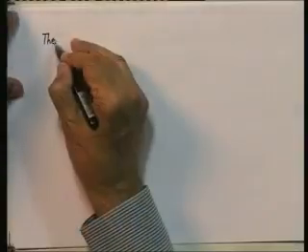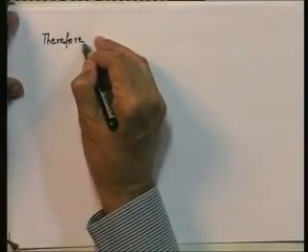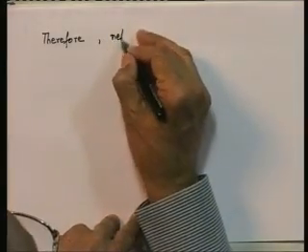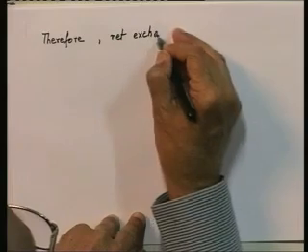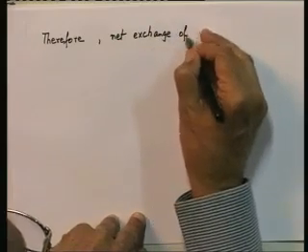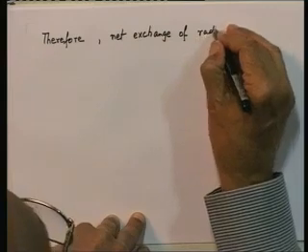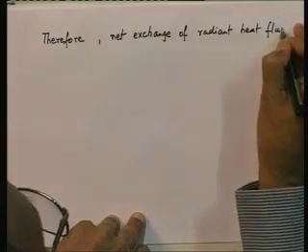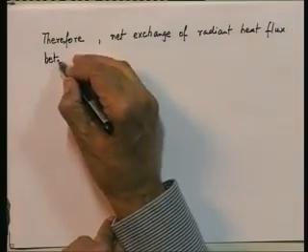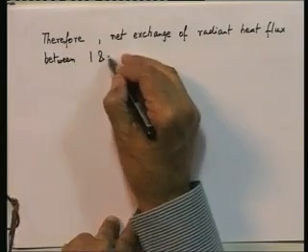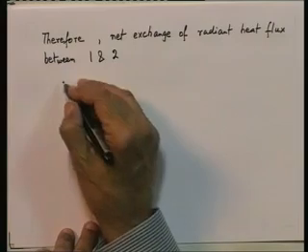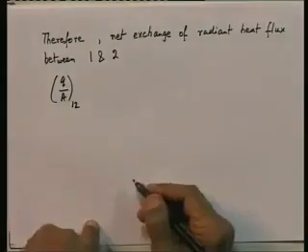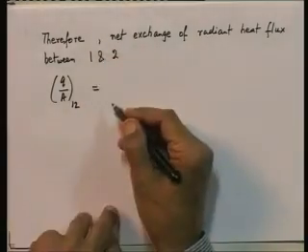Therefore, the net exchange of radiant heat flux between the surfaces 1 and 2, which is nothing but q by A 1 2, will be equal to the difference of the two expressions we had earlier.